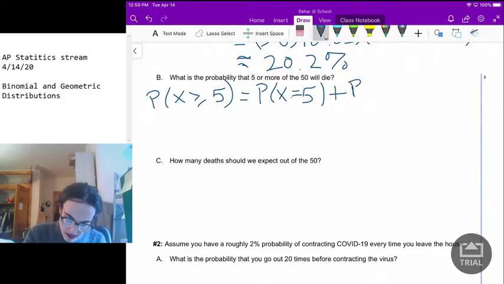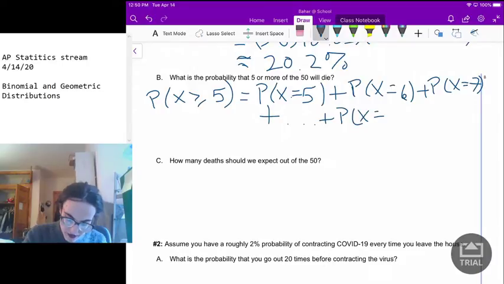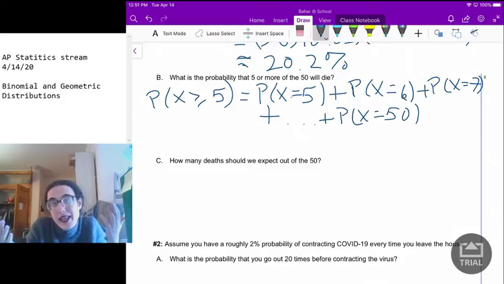Plus P of X equals 6, or X equals 7, or on and on and on up to X equals 50, which, let's hope that never happens, that all 50 go, but that is a possibility in our situation.